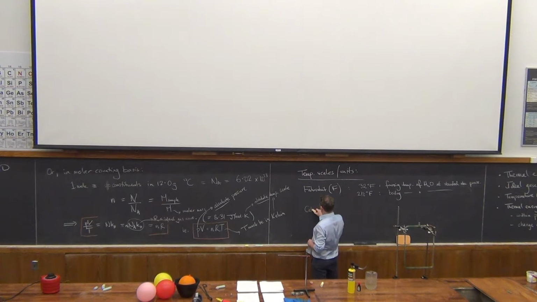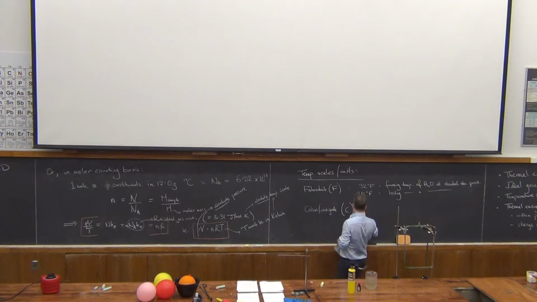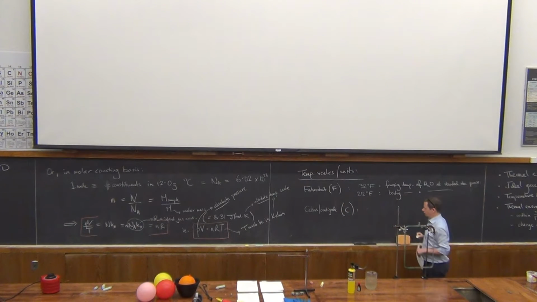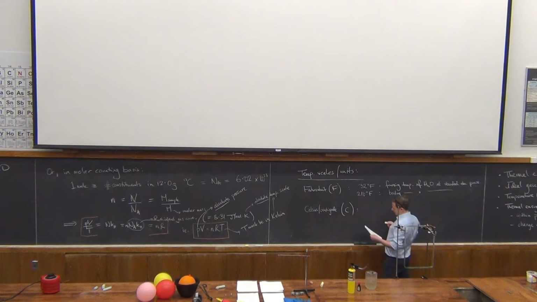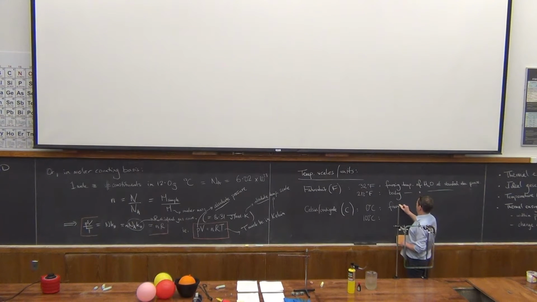Celsius or centigrade. As with many aspects of a metric system, it tends to try and rationalize things somewhat in terms of decimal systems. So in this case, we are defining the 0 point of the Celsius scale to be the freezing point of pure water at standard atmospheric pressure, which I'm not going to write.